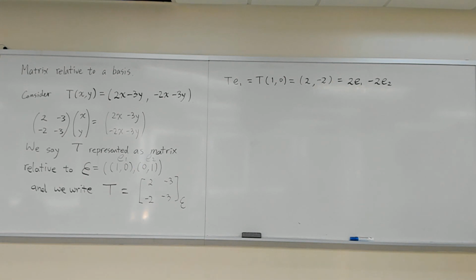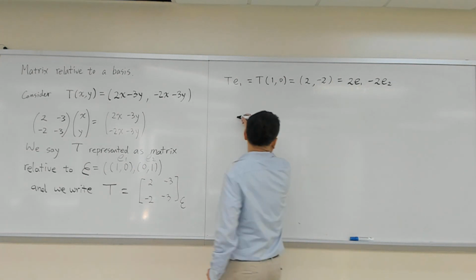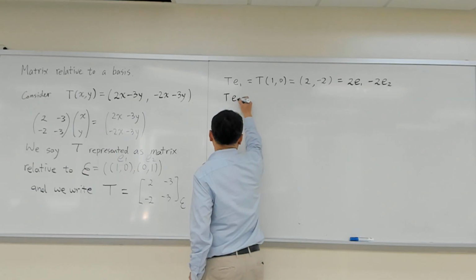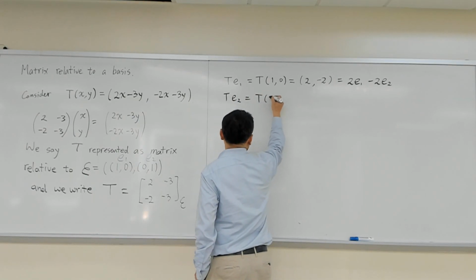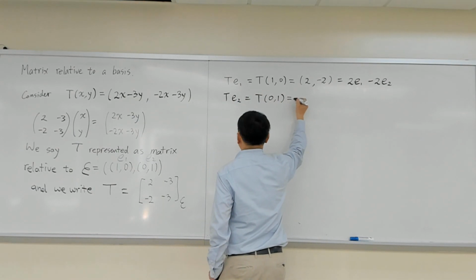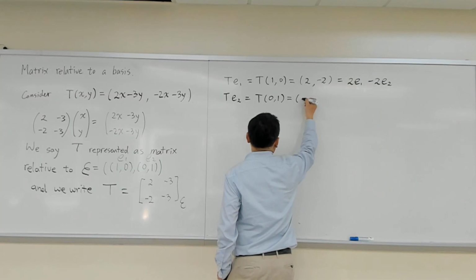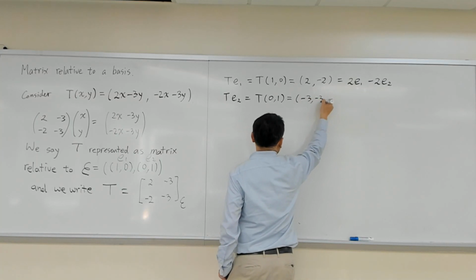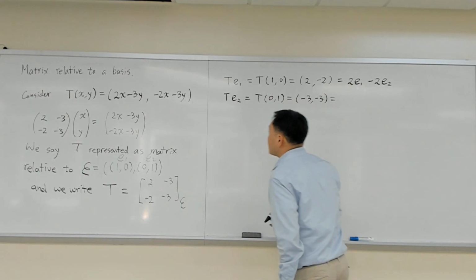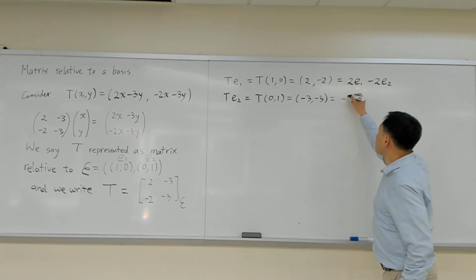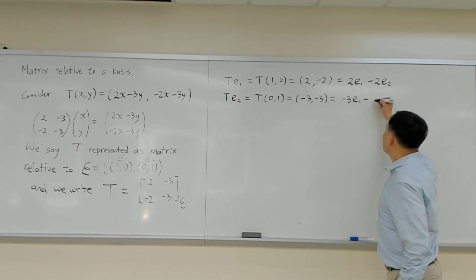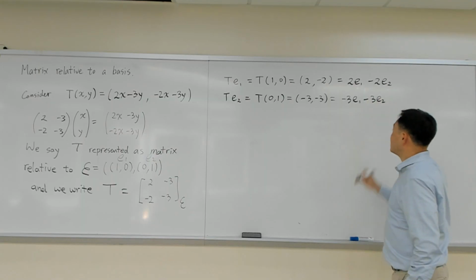All right, and then what about T of E2? Well, it's T of 0, 1. That gives you negative 3, comma, negative 3, right? And that's negative 3 times E1 minus 3 E2.